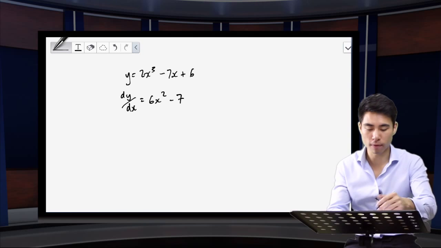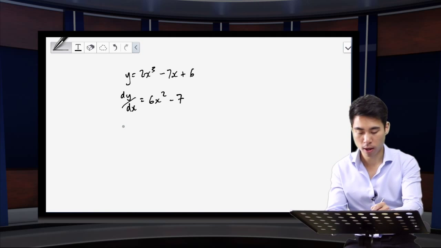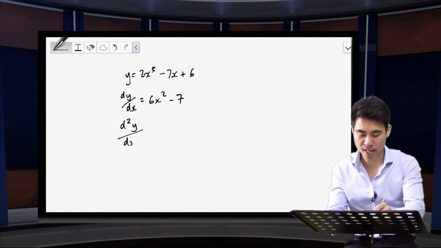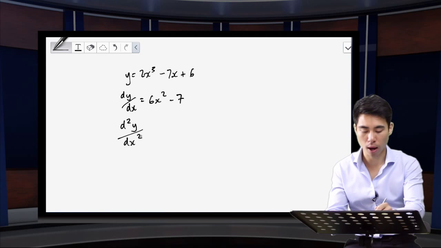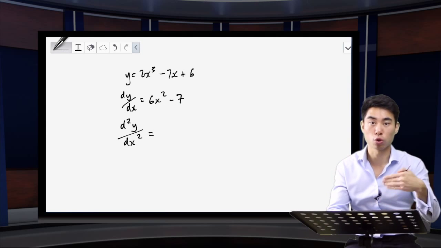Your second derivative, if I were to differentiate this right-hand side again with respect to x, that will give me my second derivative. This is denoted by notation like this. It's called d2y by dx squared. So that's little 2 up the top there, and this is again a superscript 2 up there. And again, applying the same rules, just differentiating the right hand side with respect to x, hence your second derivative.